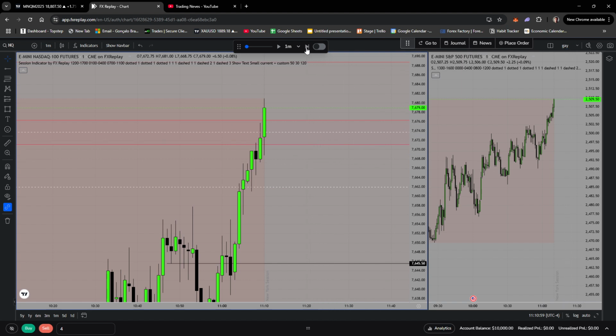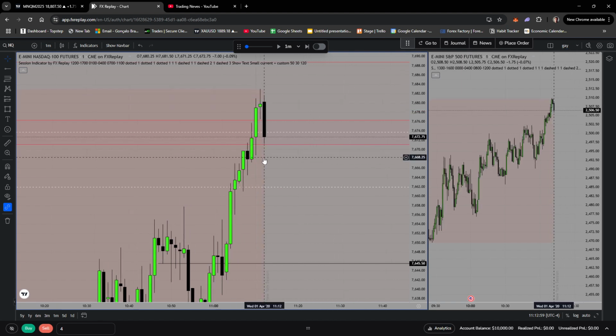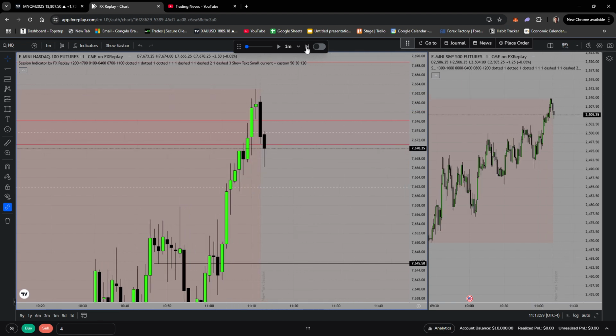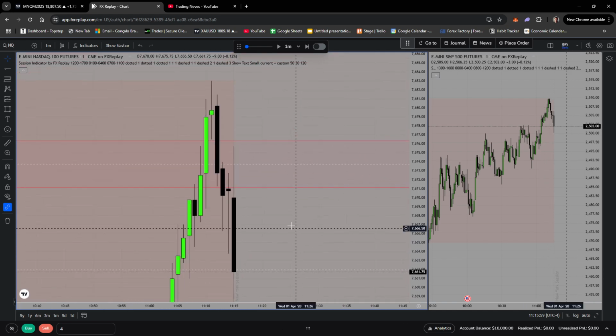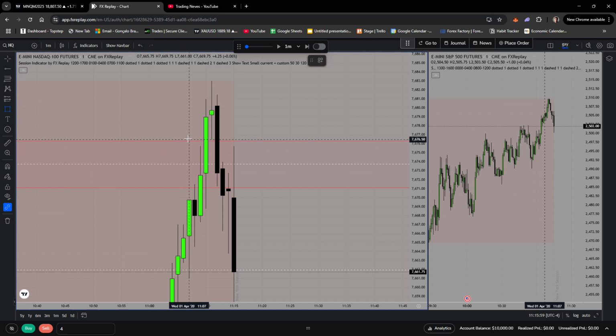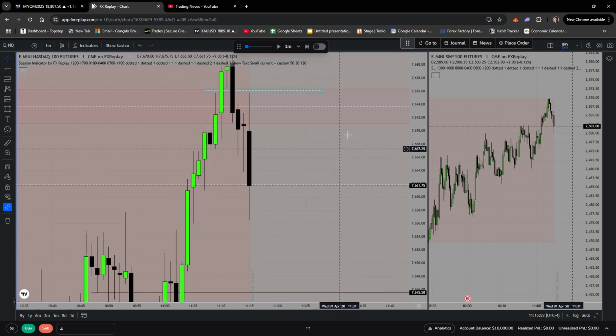Nothing here. I don't mind buying either with how aggressive it is. Okay. Yeah, I wouldn't have taken this anyway, but we did have a BPR here. It didn't quite hit the level I would like it to.